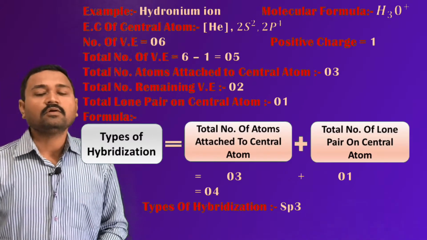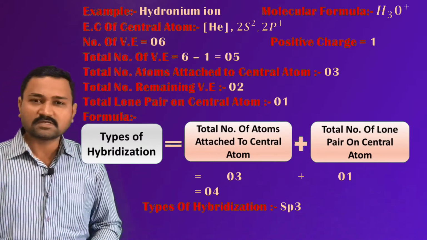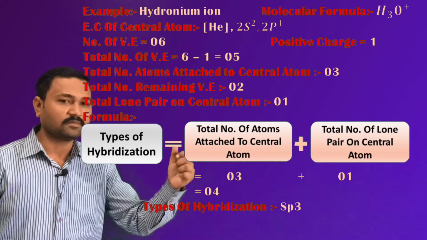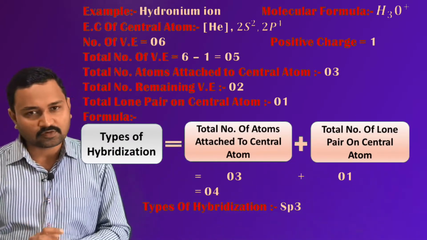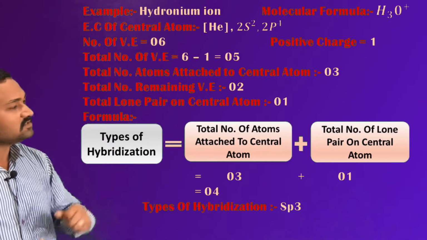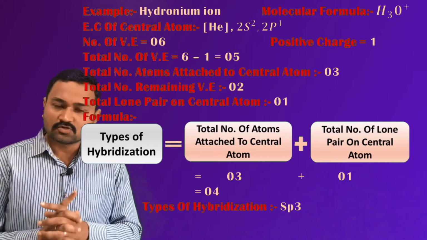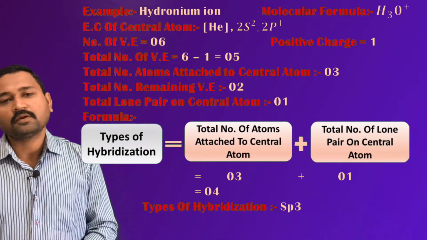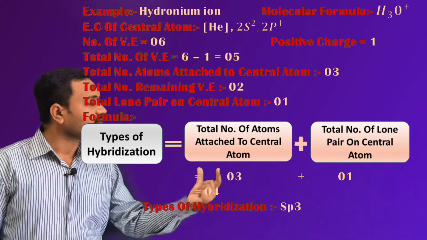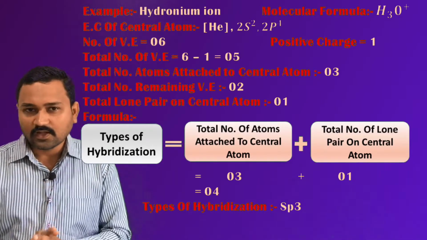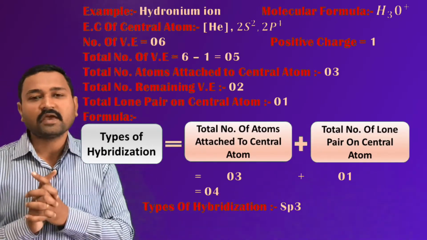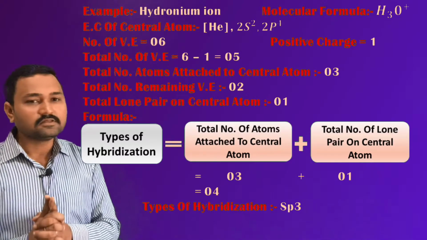Again, you have the formula. The type of hybridization depends upon the total number of atoms attached to the central atom plus the total number of lone pairs of electrons on the central atom. In this case, the total number of atoms attached is 3 and the total number of lone pairs is 1. Therefore, this summation comes to be 4, and hence the type of hybridization is sp3.